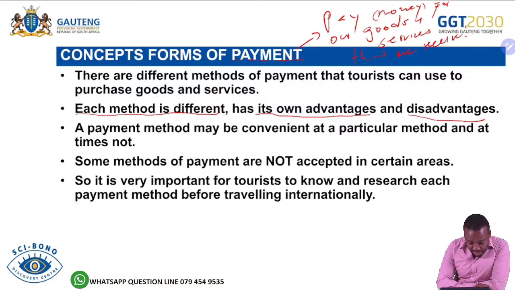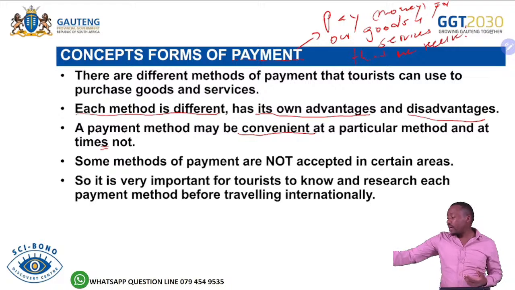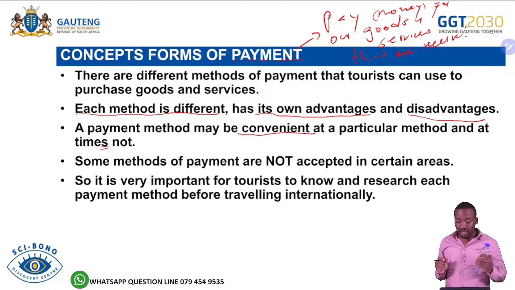Then a payment method may be convenient at a particular time, and at times not. For example, if I need a cool drink, I've got this bottle of water, let us say it is 18 rands.